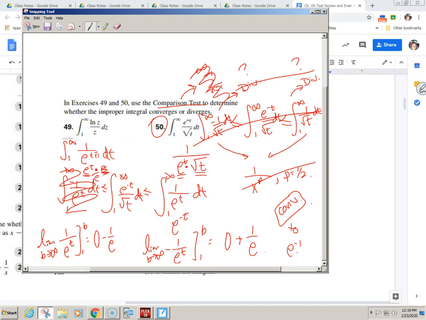My denominator has to be smaller here. It has to be bigger here. So I have to have something that's always bigger than root t. How about e to the t? That would work, right? Because I have e to the t times e to the t. E to the t is always bigger than root t. So therefore, starting at 1, it's already higher.